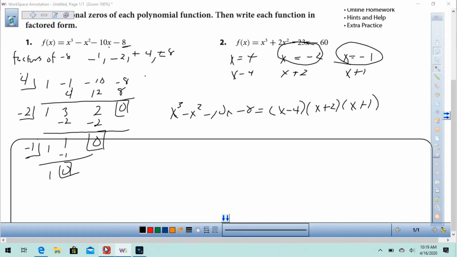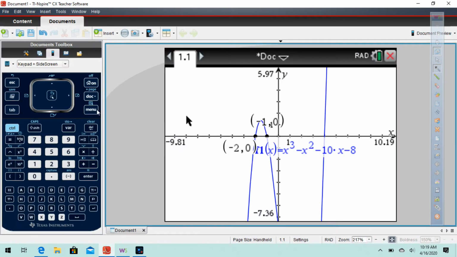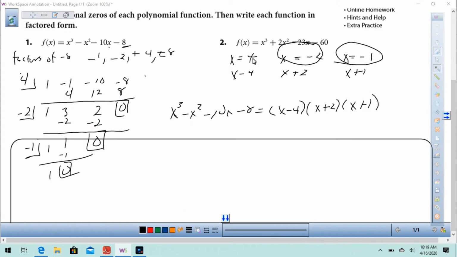And that is x equals 4. And that's right there. Okay. So if you don't have a calculator, you can do it this way here. It works just fine.